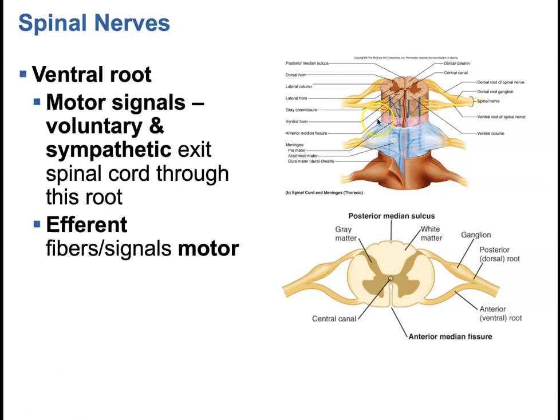What's also cool is that as these signals go out the ventral root, because I told you earlier that the lateral horn is for the sympathetic neuron to come out, it also exits and shares this portion of the ventral root with the somatic motor, the voluntary control for your skeletal muscle. So all you have to remember with this is dorsal is sensory, ventral is motor.